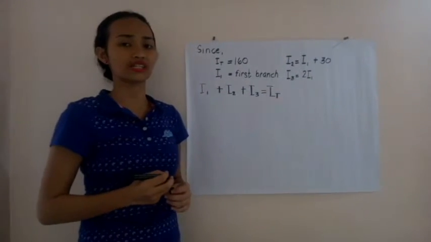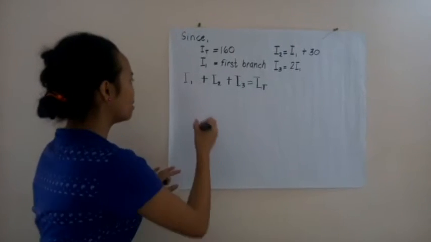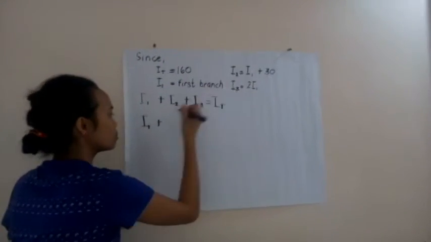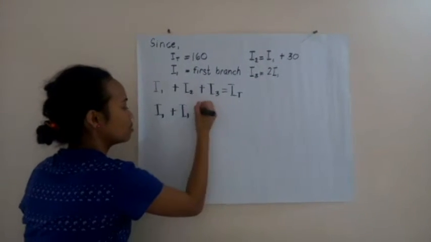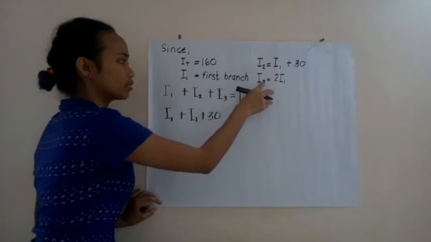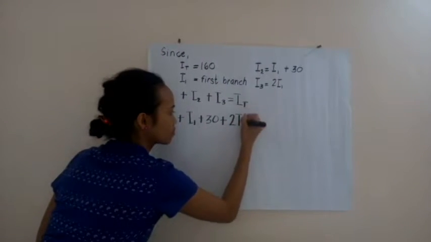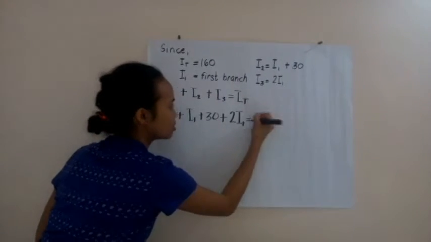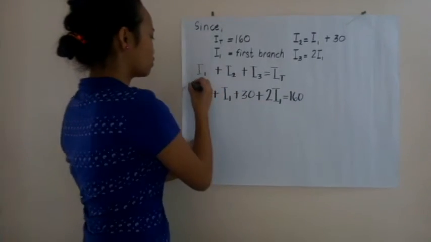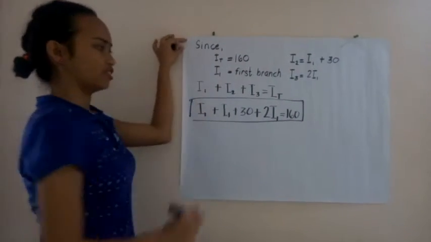Substitute the representations of I sub 2 and I sub 3, and thus we will have I sub 1 plus I sub 2, which is I sub 1 plus 30, and plus I sub 3, which is twice the I sub 1, and equals 160. So this is the final equation.